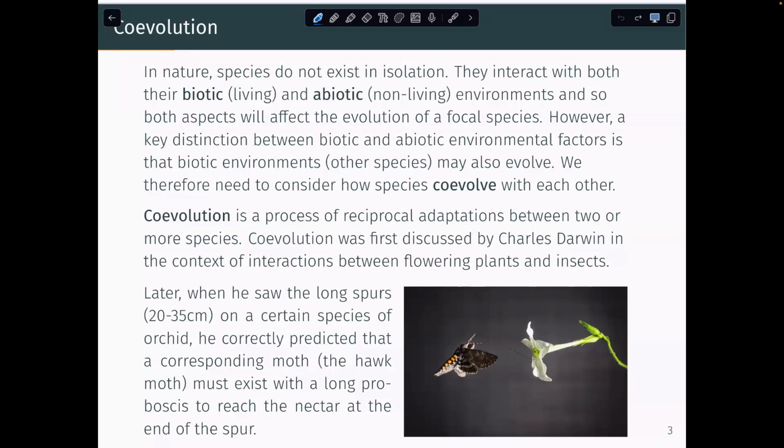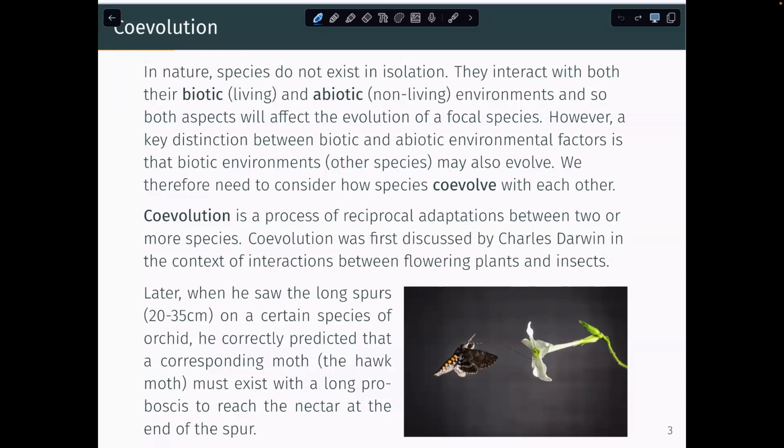So to properly define coevolution, it's a process of reciprocal adaptations between two or more species. This was first discussed by Charles Darwin all the way back in The Origin of Species, thinking about the context of not antagonistic interactions, but cooperative or mutualistic interactions, so between flowering plants and insects in particular.